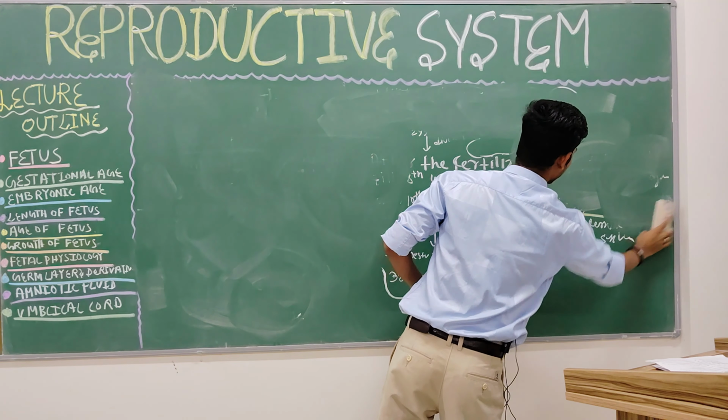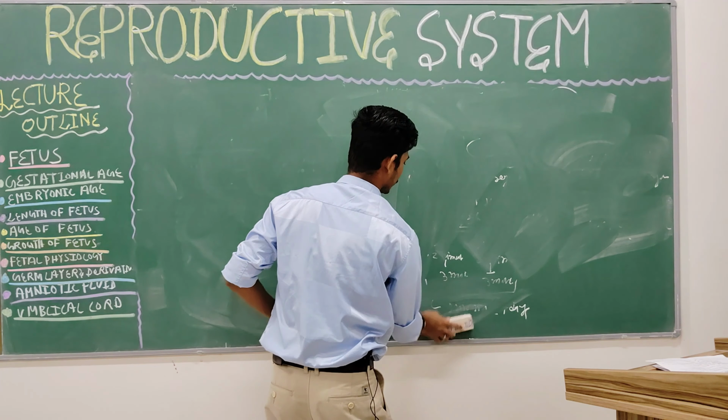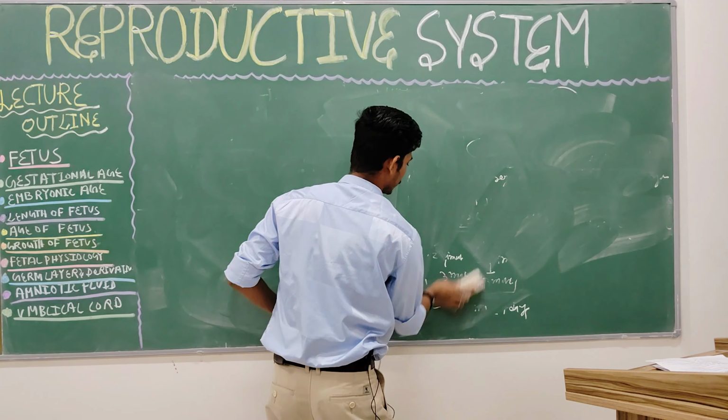So how will we define the growth of the fetus? How is the cell growing? The question is how a cell is growing. You know that a cell will grow by cell division and cell differentiation, isn't it?